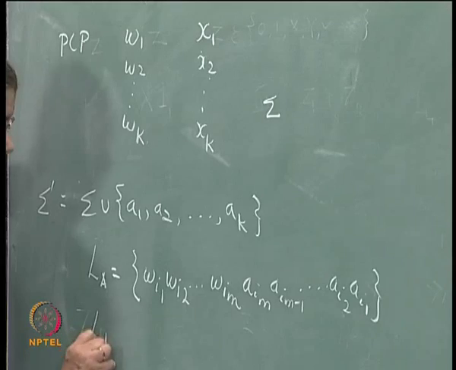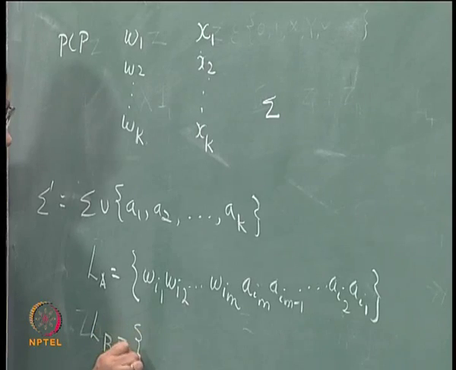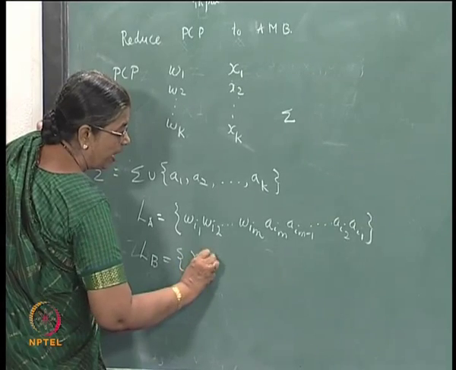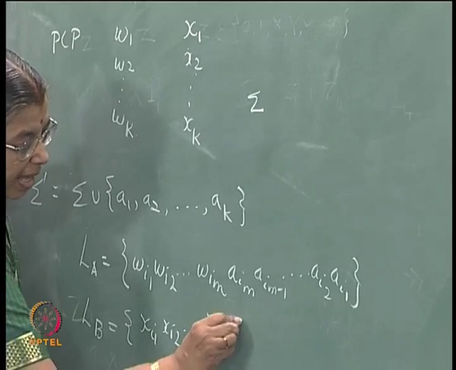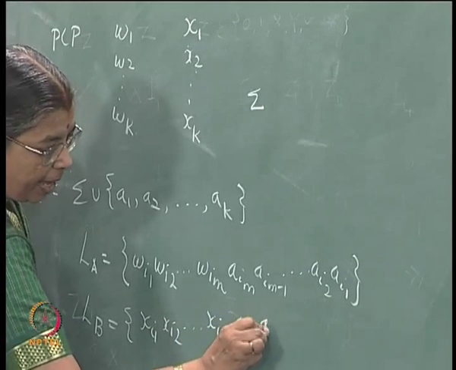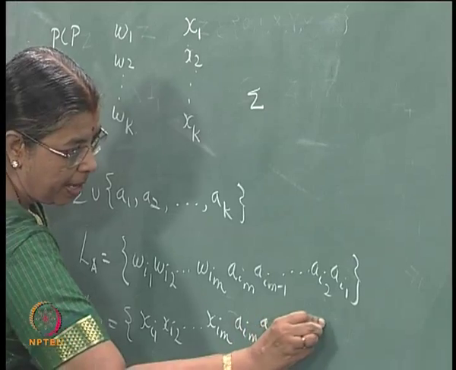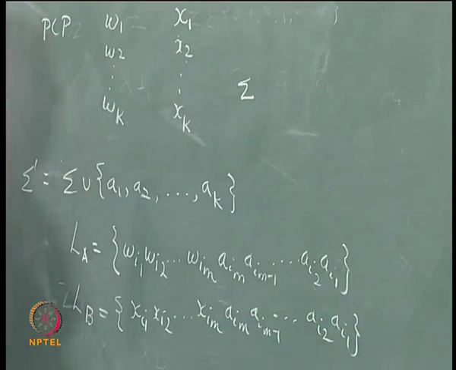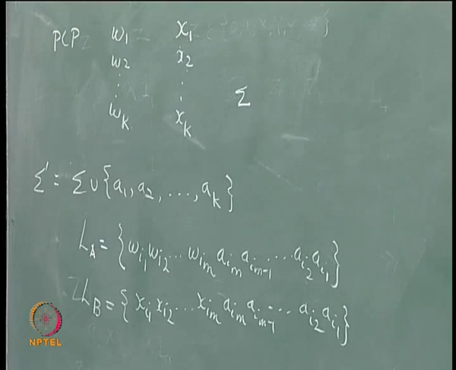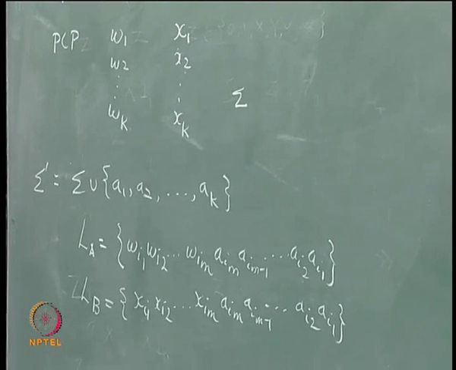And LB is the language of strings Xi1, Xi2, ..., Xim, Aim, Aim minus 1, up to Ai2, Ai1.